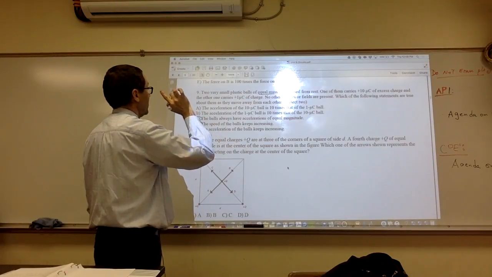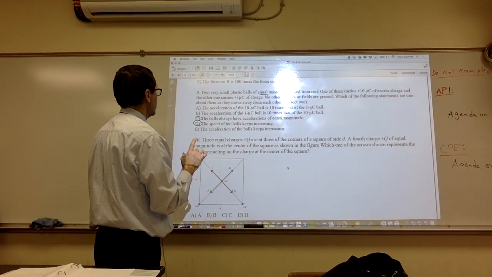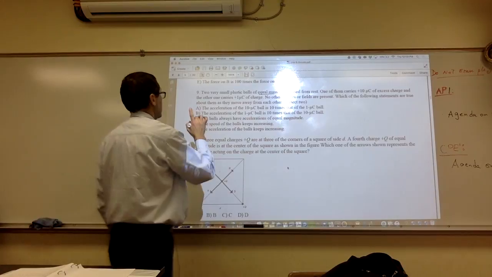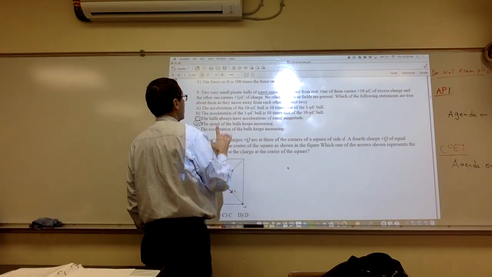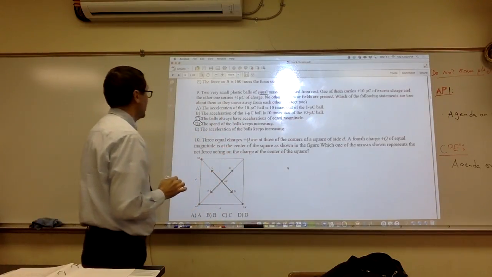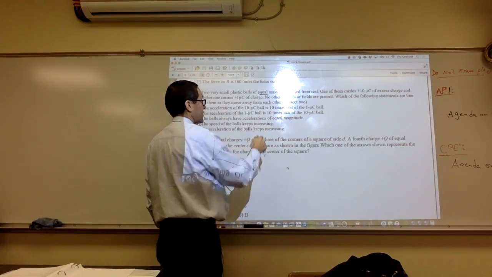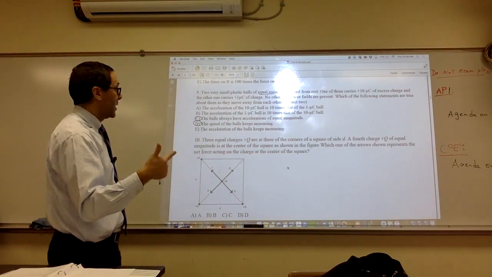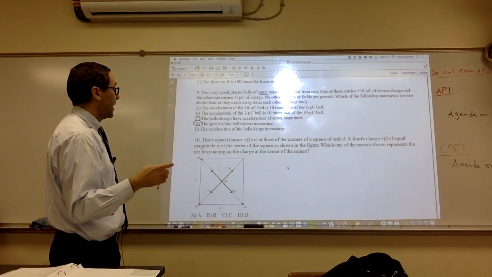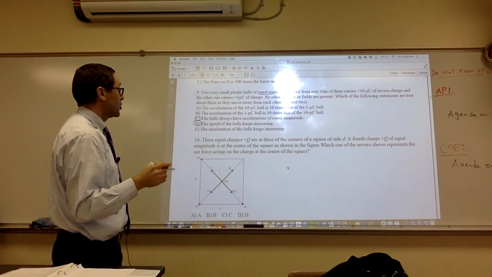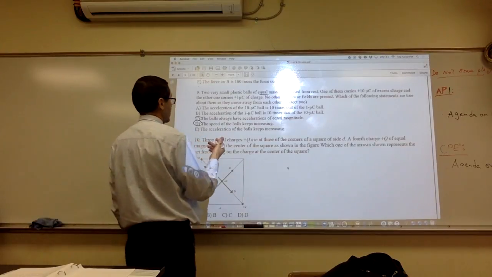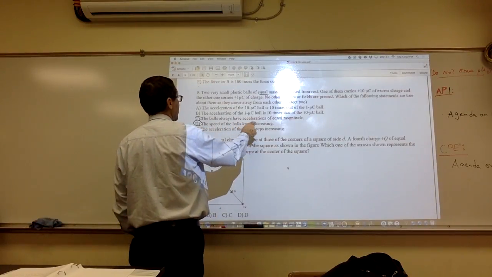Which means they're going to have the same acceleration. The force between them is the same, but it's not talking about the force. So they're going to have the same acceleration because they have the same force and the same mass. So F equals ma, they have to have the same acceleration in magnitude, just going to be in opposite directions. The speed keeps increasing.